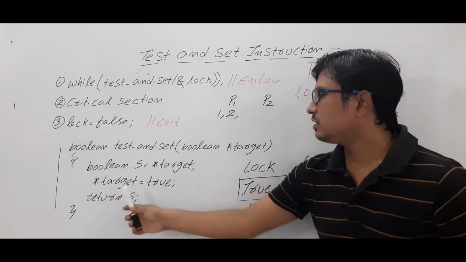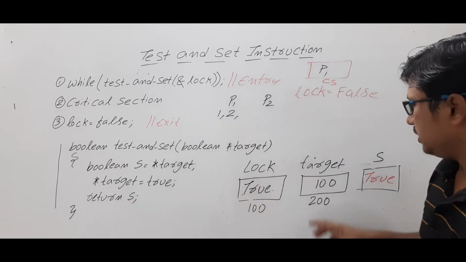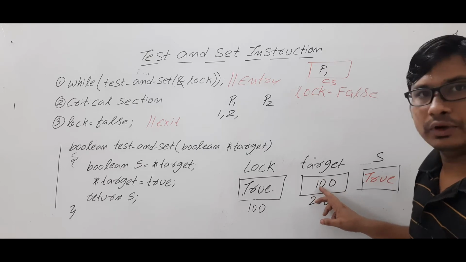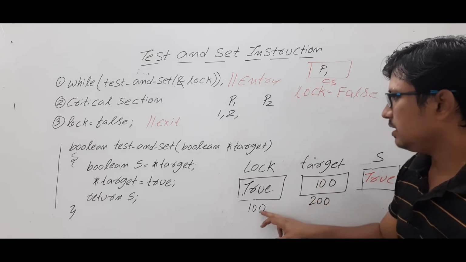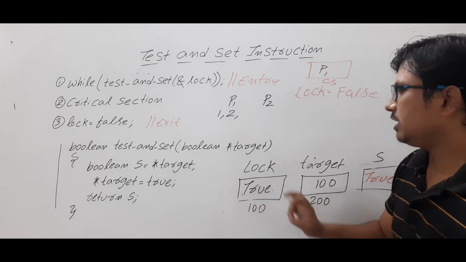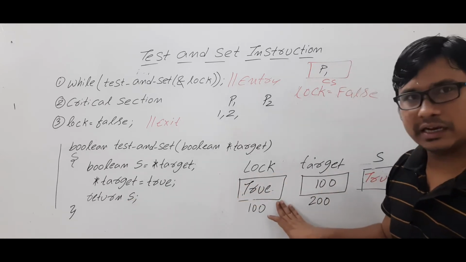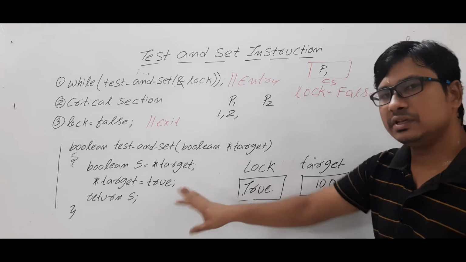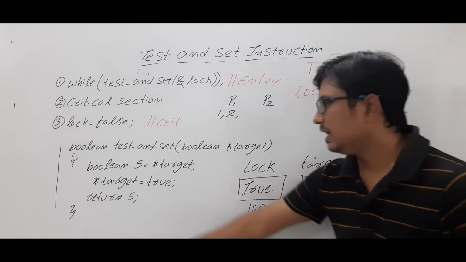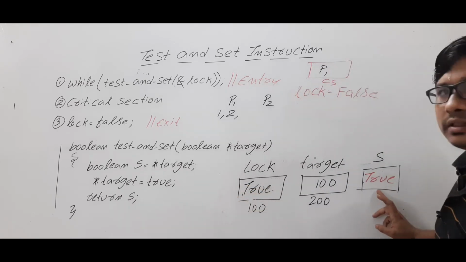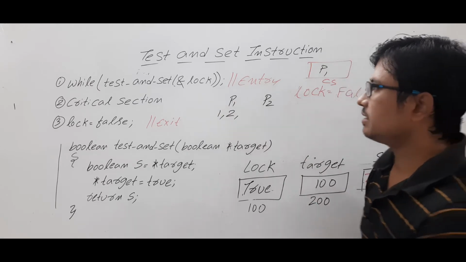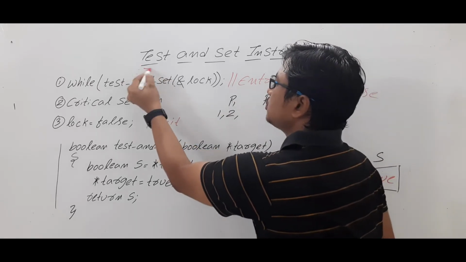Now star target is equal to true. Star target, you will go to the 100 location, is it clear? And you will keep the value true here. That is correct. Okay, already true is there, you are keeping true again, no problem. Now return s, you are returning true. So here you will get the return value as true.